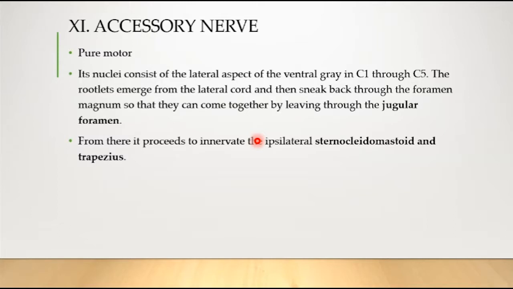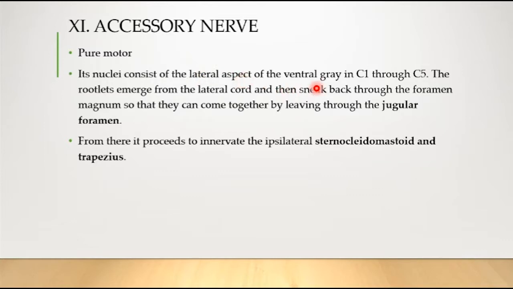The accessory nerve is a pure motor nerve, and we talked about it yesterday. It supplies the ipsilateral sternocleidomastoid and trapezius. Trapezius you examine through shrugging, and the sternocleidomastoid through the neck movements. I think this is straightforward. It moves through the jugular foramen. We talked about together with the other nerves, 9 and 10.